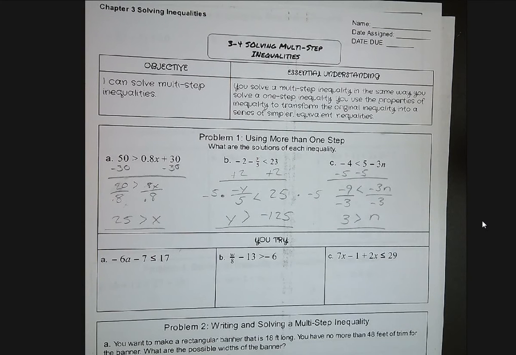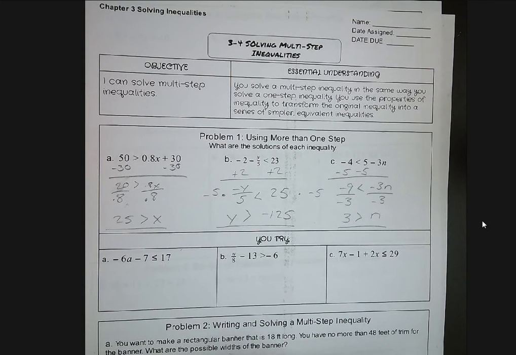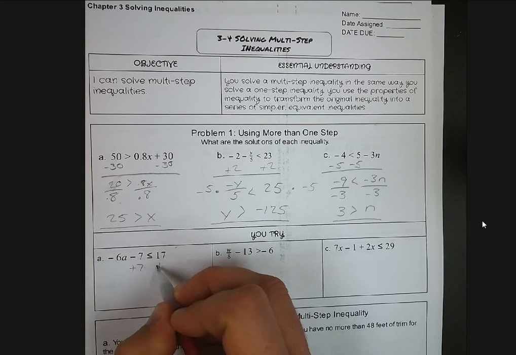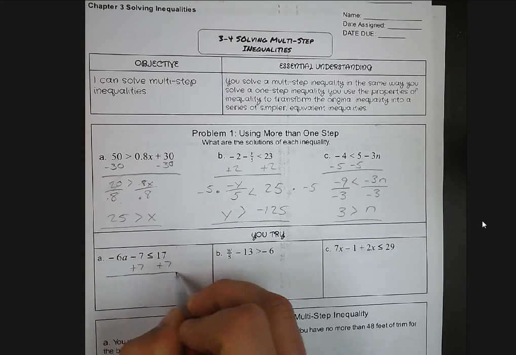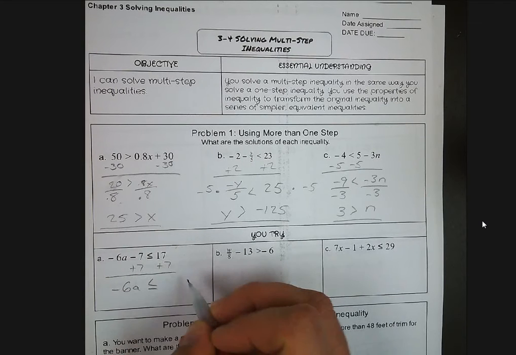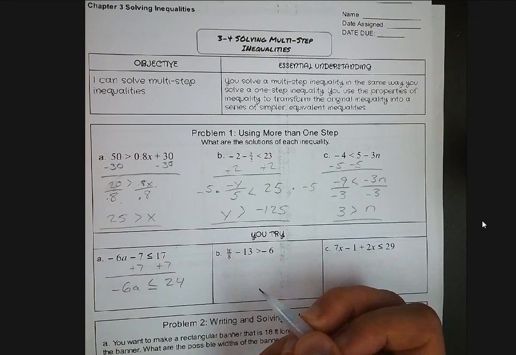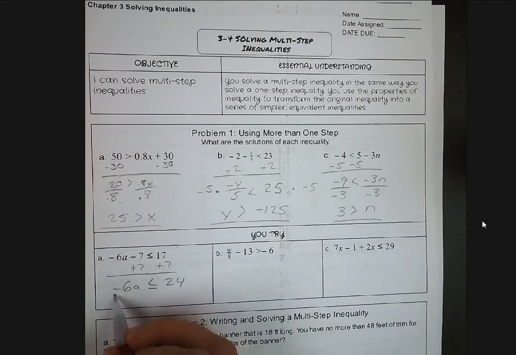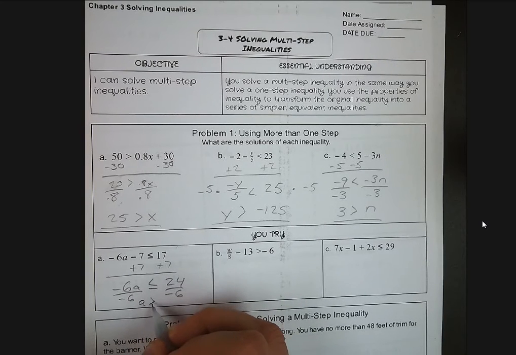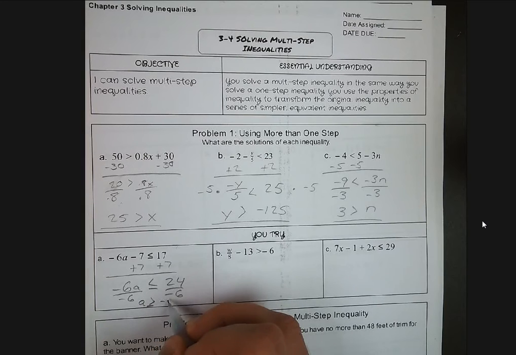All right. So for letter A, we're going to add 7 to both sides of our equation. So negative 6a is less than or equal to 24. Then we divide both sides of the equation by negative 6. And a is going to be greater than or equal to negative 4.